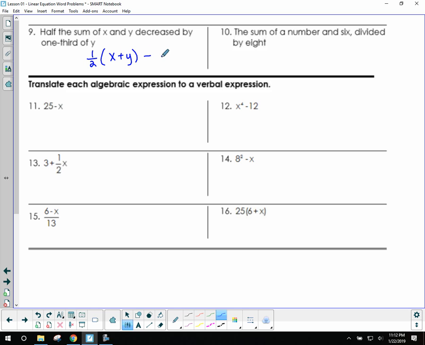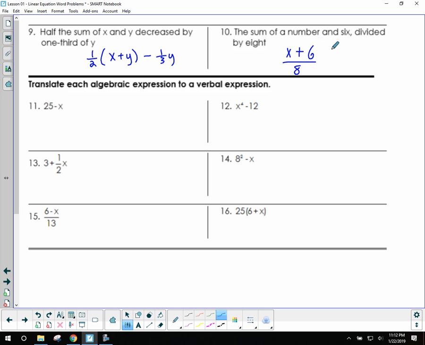Half the sum of x and y decreased by 1/3 y. Looks good to me. The sum of a number and 6 divided by 8. I'm happy with it. Translate each algebraic expression to verbal expression.